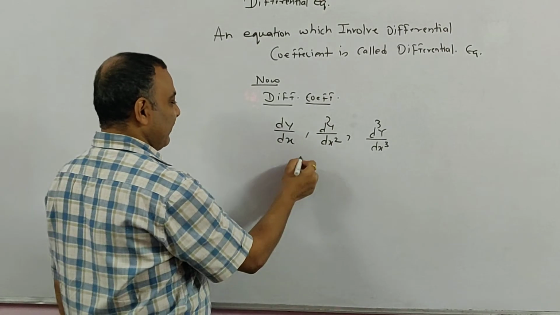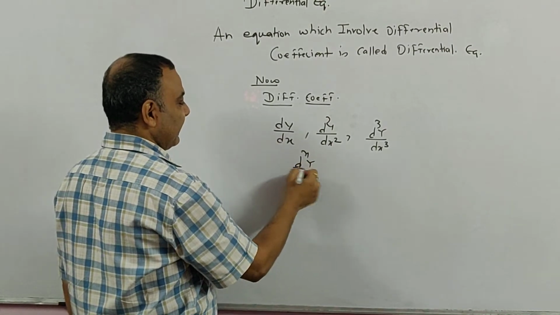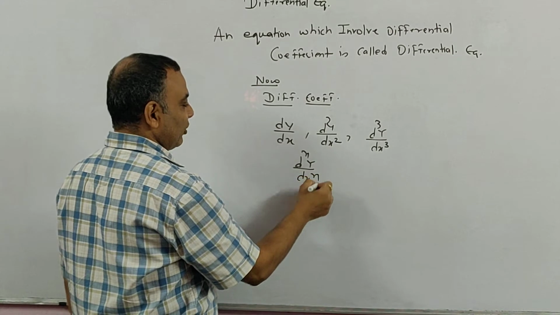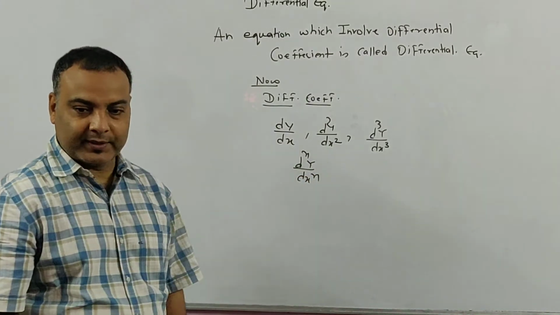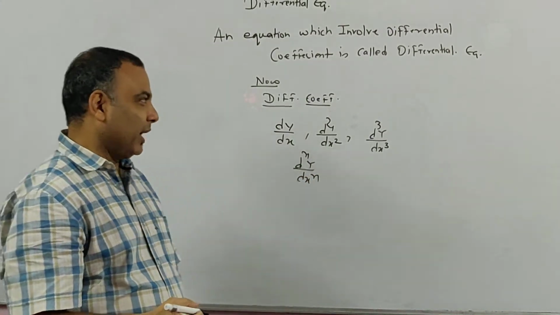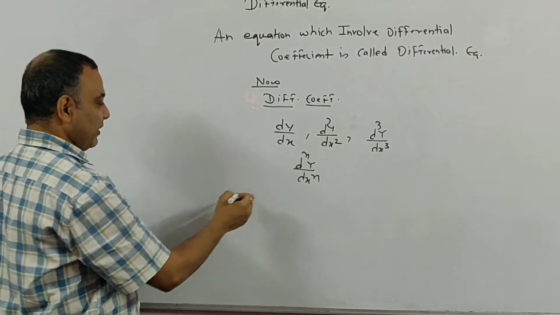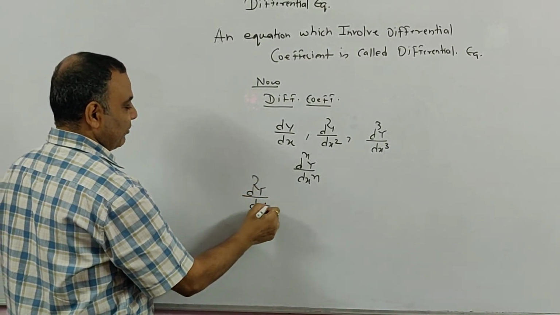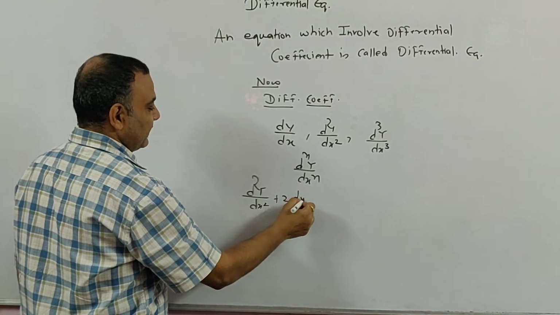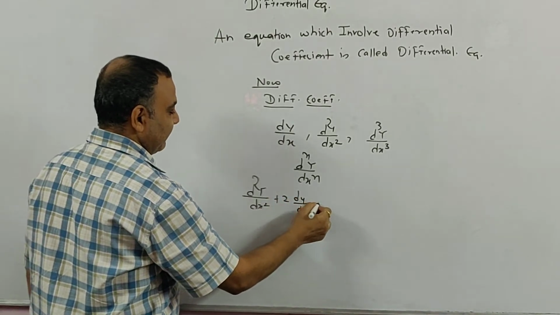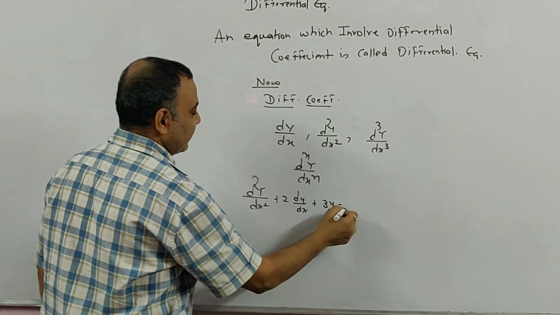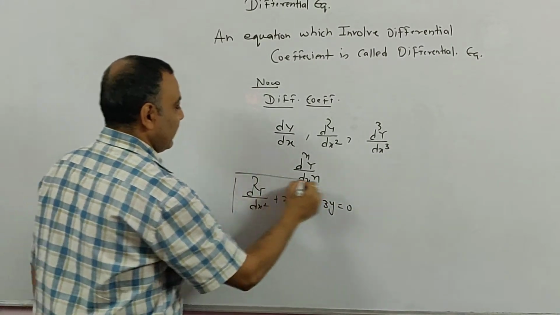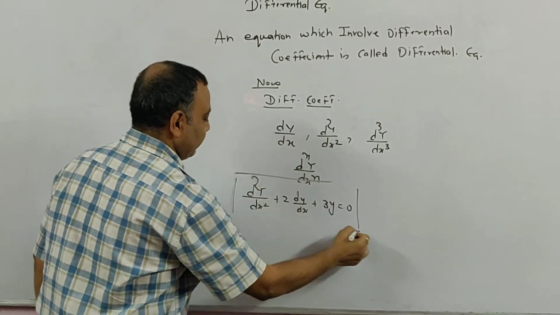Any derivative of order n can be treated as a differential coefficient. Correct? Now, you can write a differential equation like d square y over dx square plus 2 dy over dx plus 3y is equal to 0.